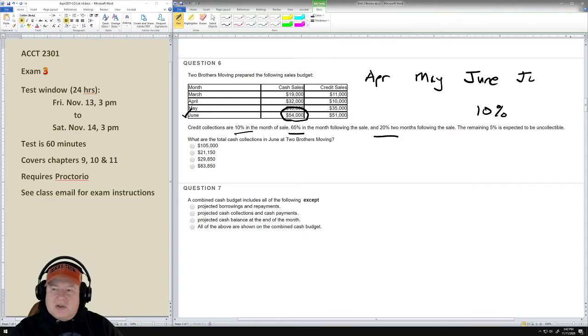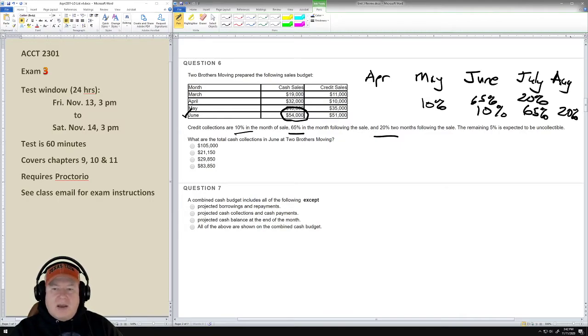So for the June credit sales, 10% is collected in June, 65% is collected in July, and 20% is collected in August. We can say that about the following months too, right? So for the May credit sales, 10% is collected in May, 65% is collected in June, and 20% is collected in July.